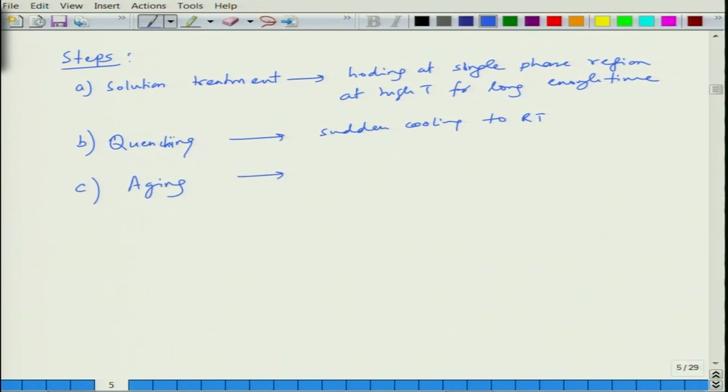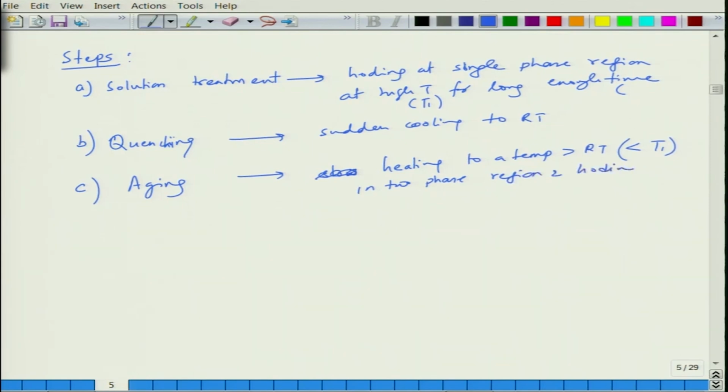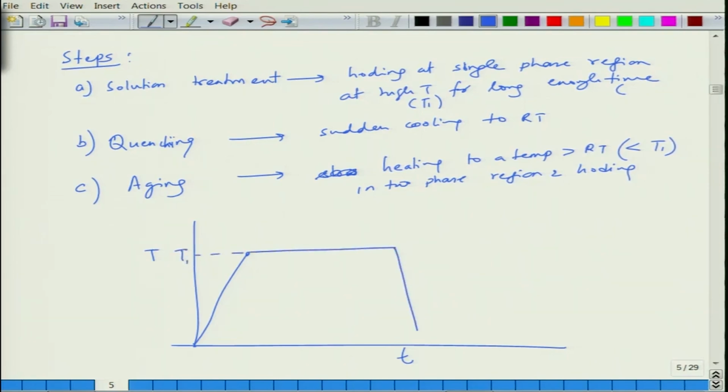Aging is basically slow heating to a temperature greater than room temperature, but lower than T1, in two-phase region, and holding. So essentially the plot is like this. If you say time and temperature, you first heat it to a temperature T1, let us say, and then you hold it and then you quench it.